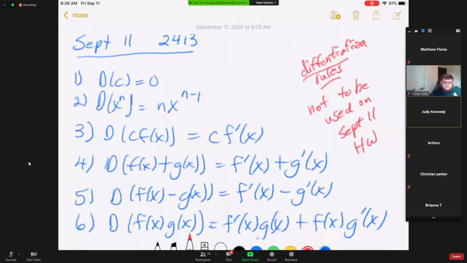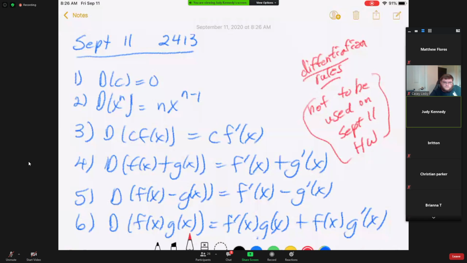And in fact, for some functions, it'd be really hard. So if you have these rules, you can break up your problems and get an easier way to do it. But the reason that these rules hold is because we actually use the definition to prove that they hold.